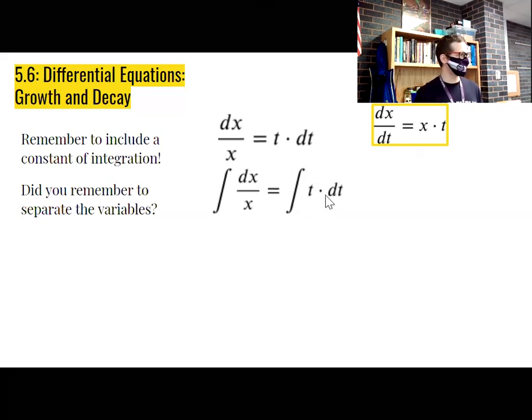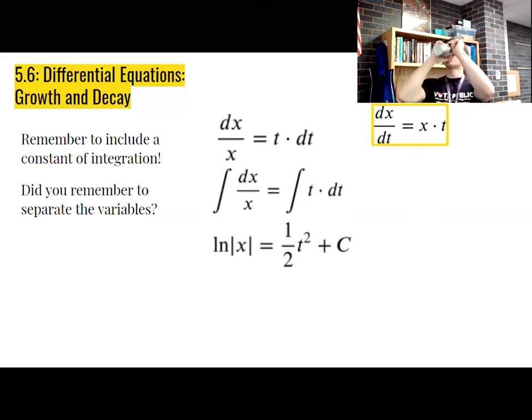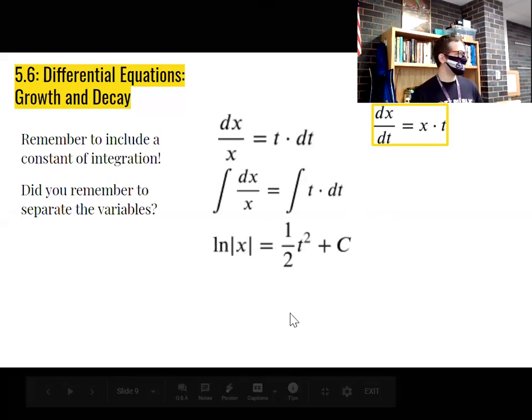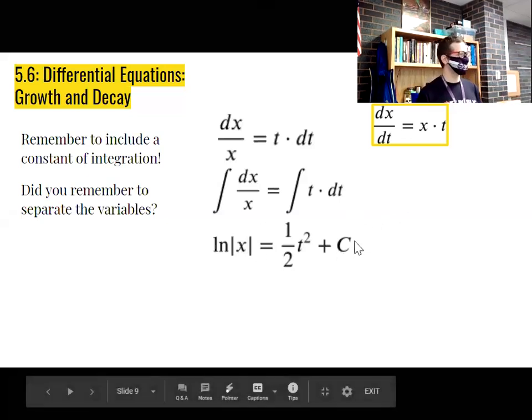So now if I find the antiderivative of each side, there we go. And that's done. Again, technically a differential equation is solved as soon as the differentials are gone.